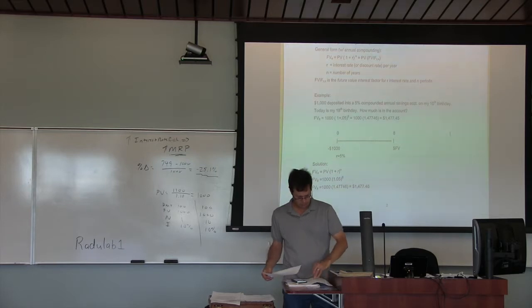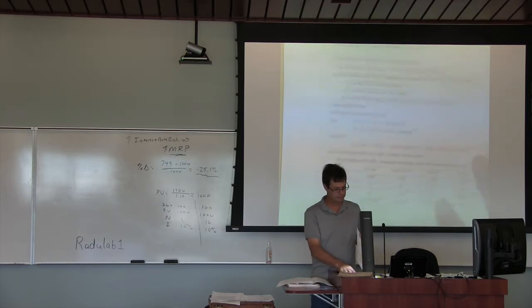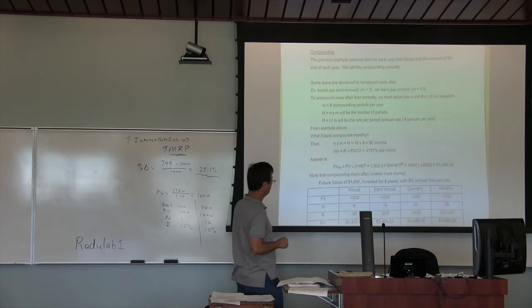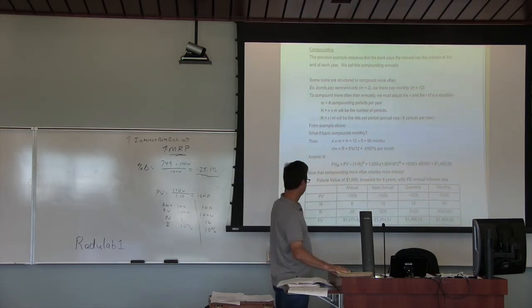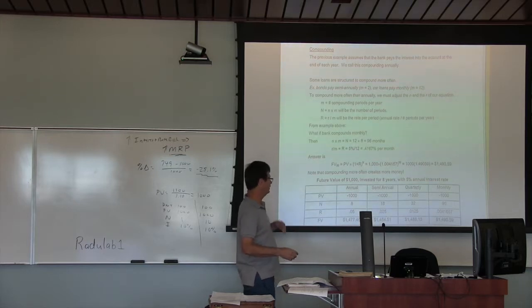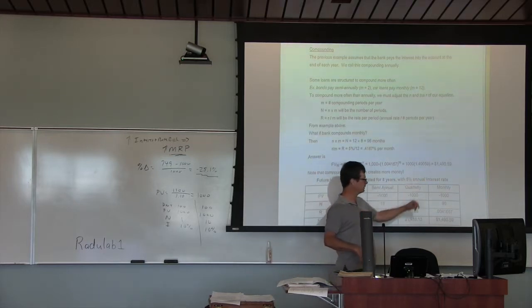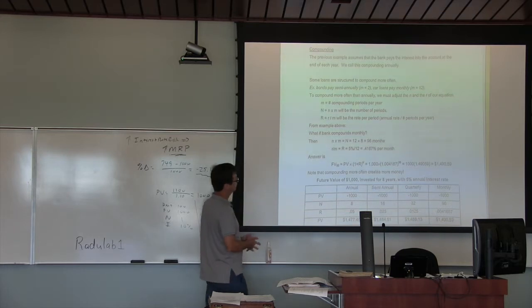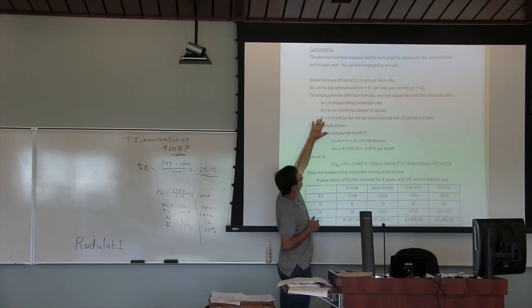Let's look at many of these in terms of different types of compounding. And we can compound these items either annually, which is the example we had there, or we could do it semi-annually, quarterly, or monthly. So with the bonds, we already looked at the idea of semi-annual compounding, but we could do quarterly and monthly also. Key ingredient here then is we adjust for the number of compounding periods per year.